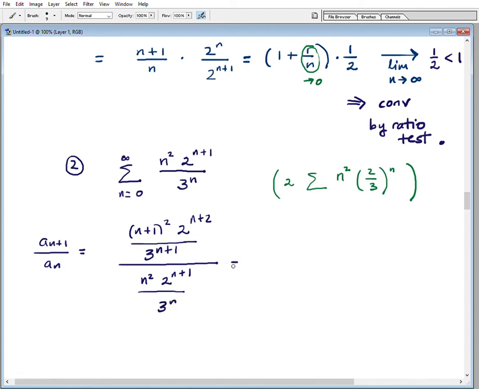Now we're just going to flip the bottom, just flip the denominator.